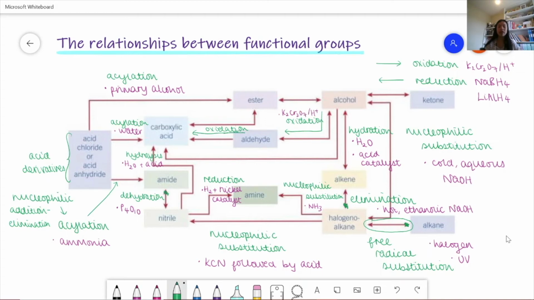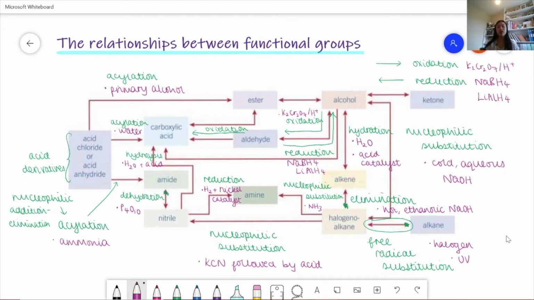If we go in the other direction, from an aldehyde to an alcohol, we have a reduction reaction here. So we use sodium borohydride or lithium aluminium tetrahydride. And we have to remember that we can only oxidize an aldehyde to a carboxylic acid, and we can't go the other way.